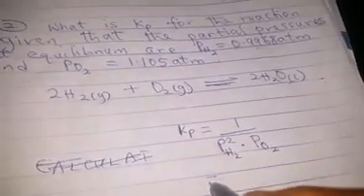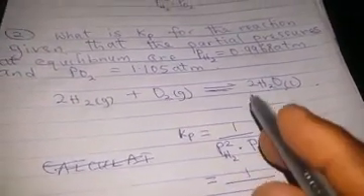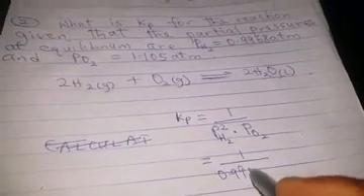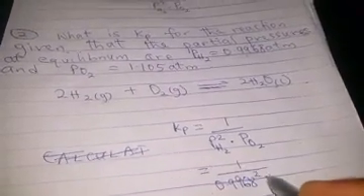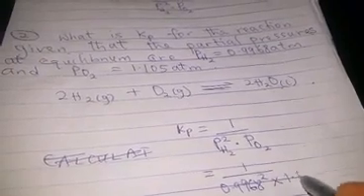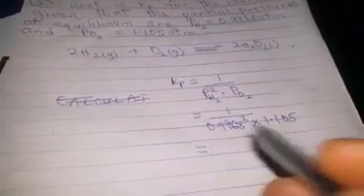Which is going to be 1 divided by the partial pressure of hydrogen in the question, 0.9968, raised to the power of 2, then multiplied by the partial pressure of oxygen, 1.105. Very good. So when you calculate, it's going to give us 0.908.